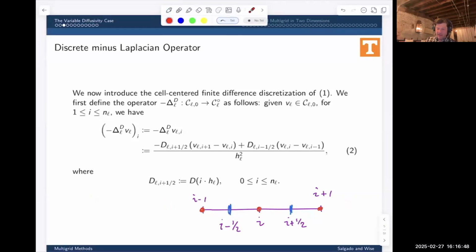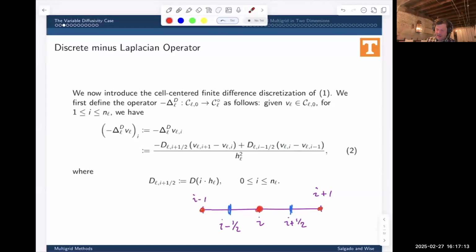But what we're really focused on is how we are going to calculate this finite difference approximation, the second difference at this point. Well, I need to take a finite difference here, and I'm going to take a finite difference here. We already talked about this one. What about this one? Well, this one is going to be another cell-centered finite difference approximation given to me here.